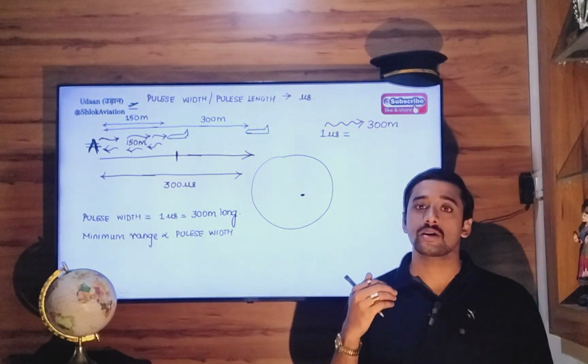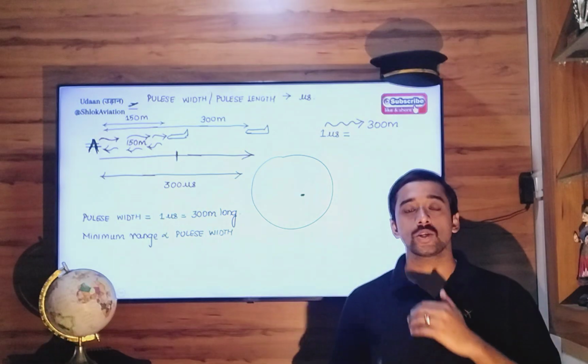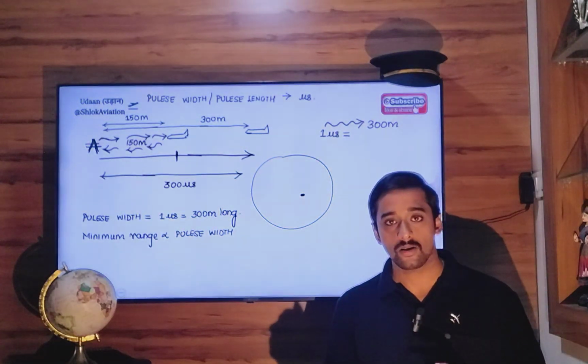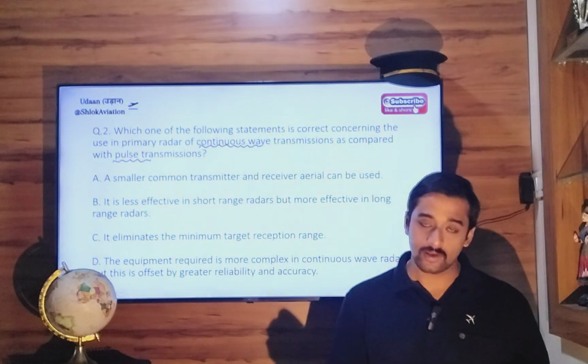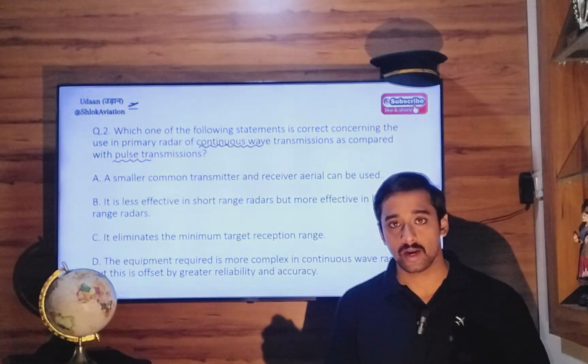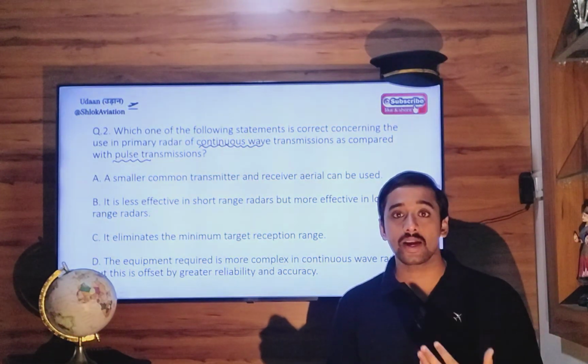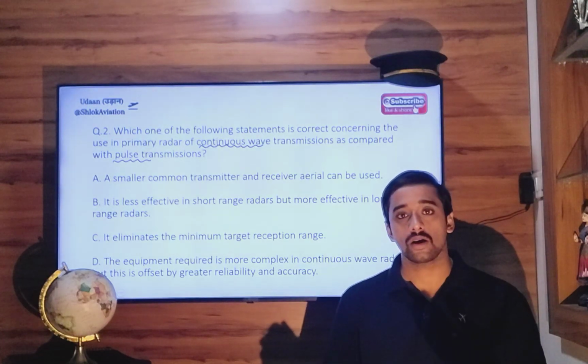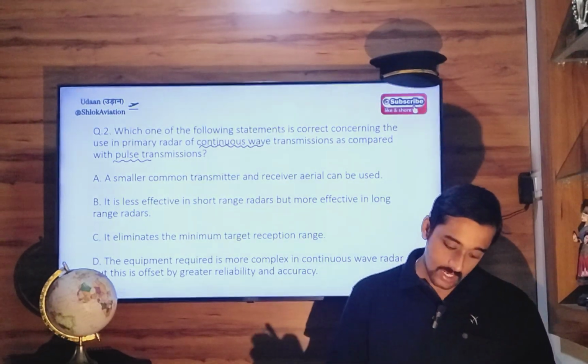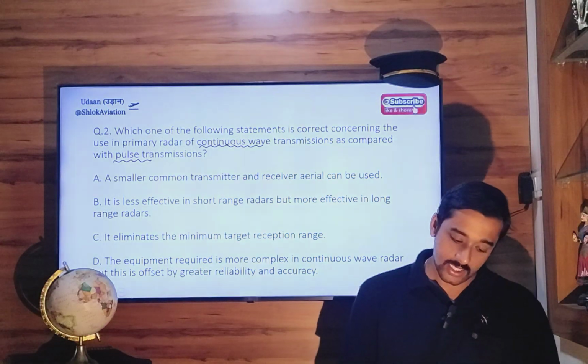So there is a minimum range beyond which all targets should be situated from the transmitter. But in case of continuous wave transmissions, there is no such requirement. Your object or your target can be very close to you. So there is no requirement.